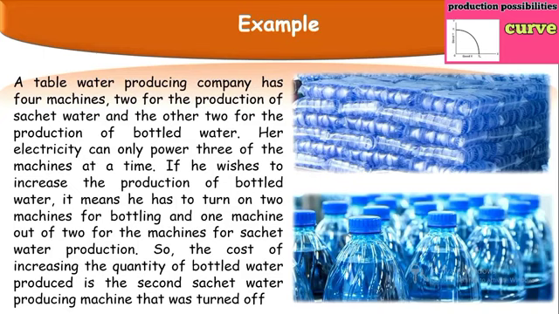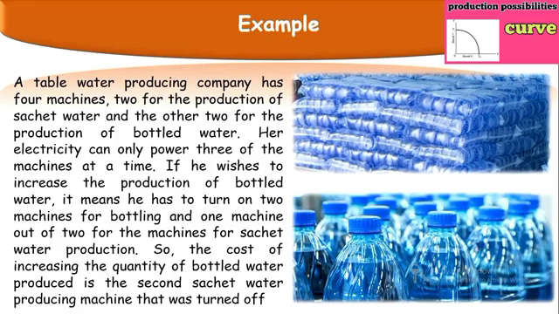For example, a water producing company has 4 machines, 2 for the production of sachet water and the other 2 for the production of bottled water. Its electricity can only power 3 of the machines at a time.